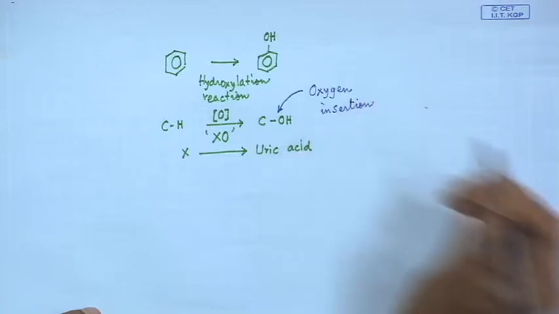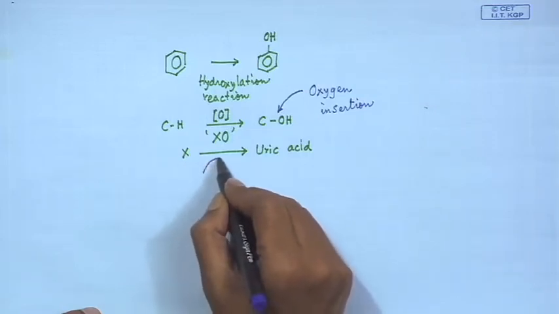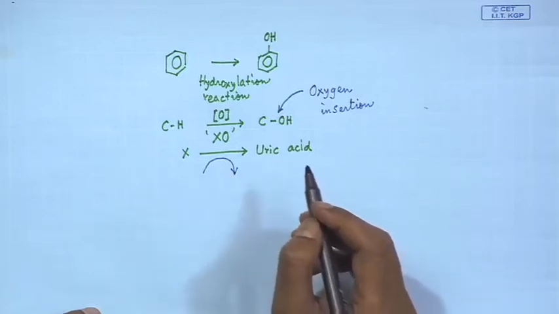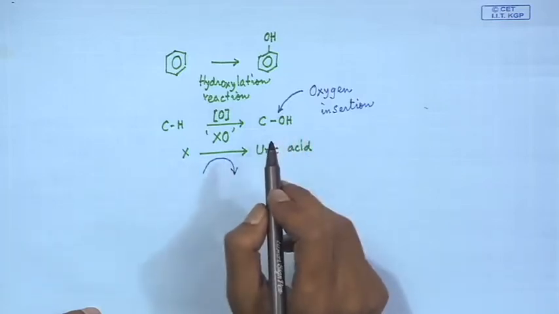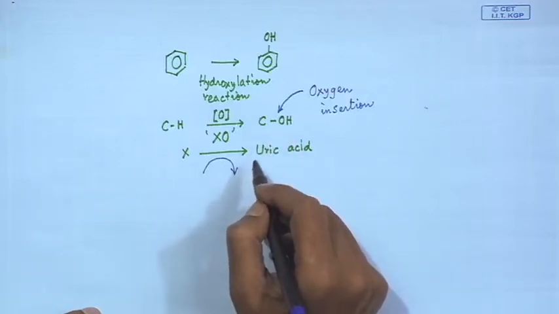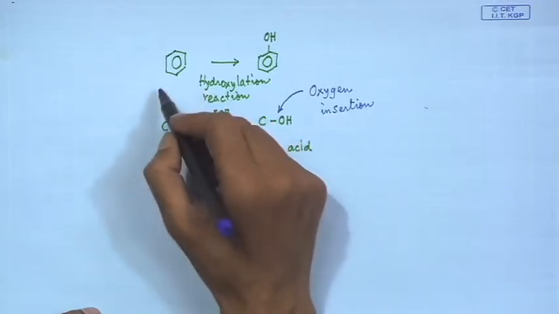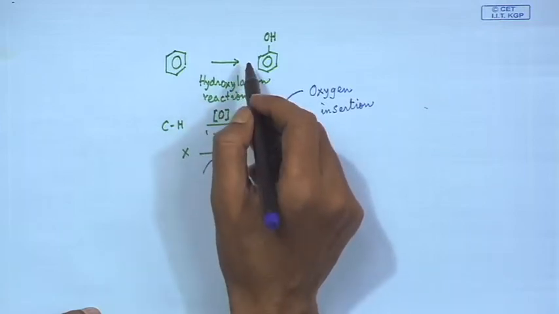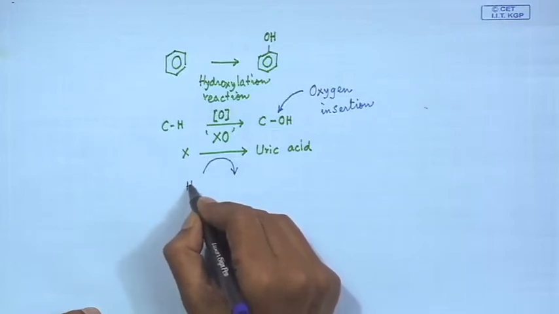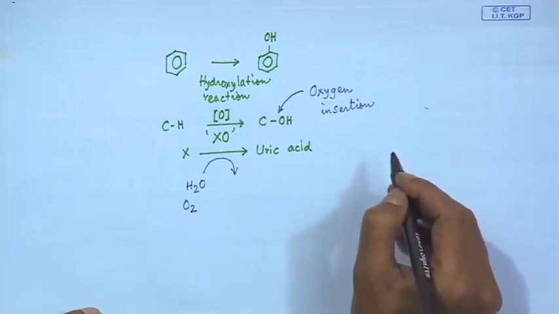So, this is that oxygen insertion reaction, and since this reaction is catalyzed with a reagent that supplies the oxygen, the oxygen inserted into the benzene ring or the xanthine ring is coming from two very important molecules which are also available in nature.